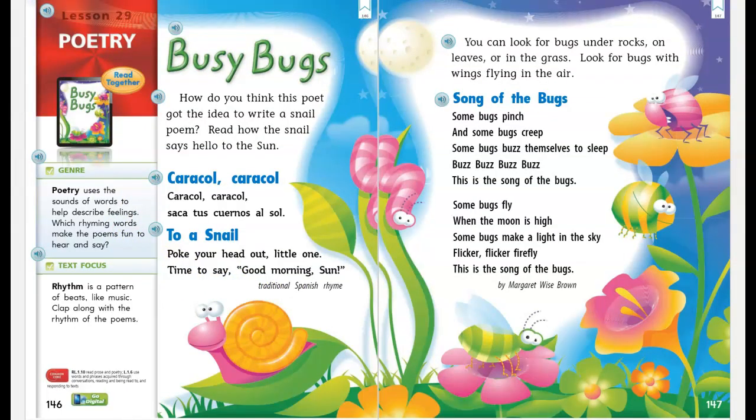How do you think the poet got the idea to write about a snail in his poem? When an author or a poet writes a piece of work, they are usually inspired by something.